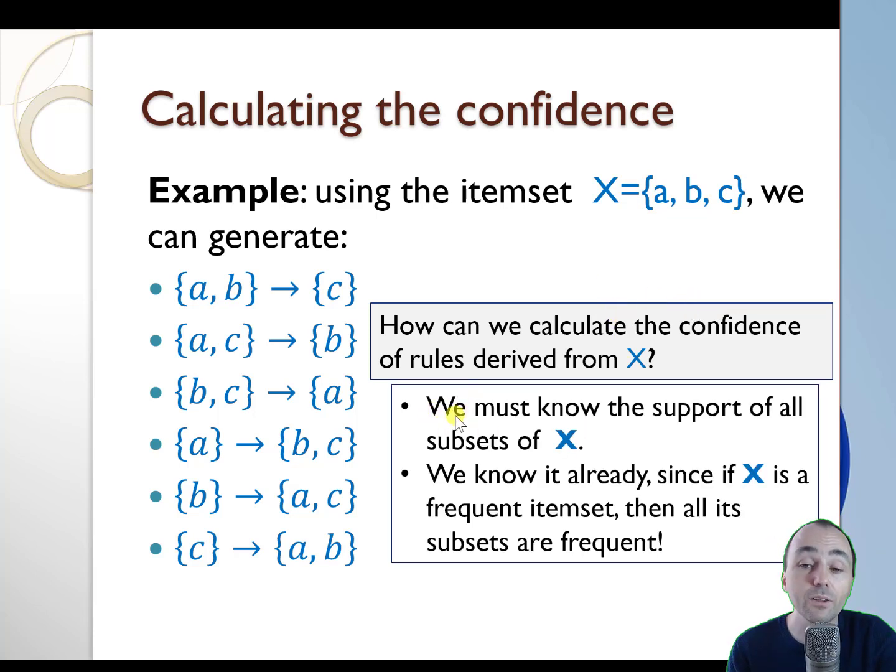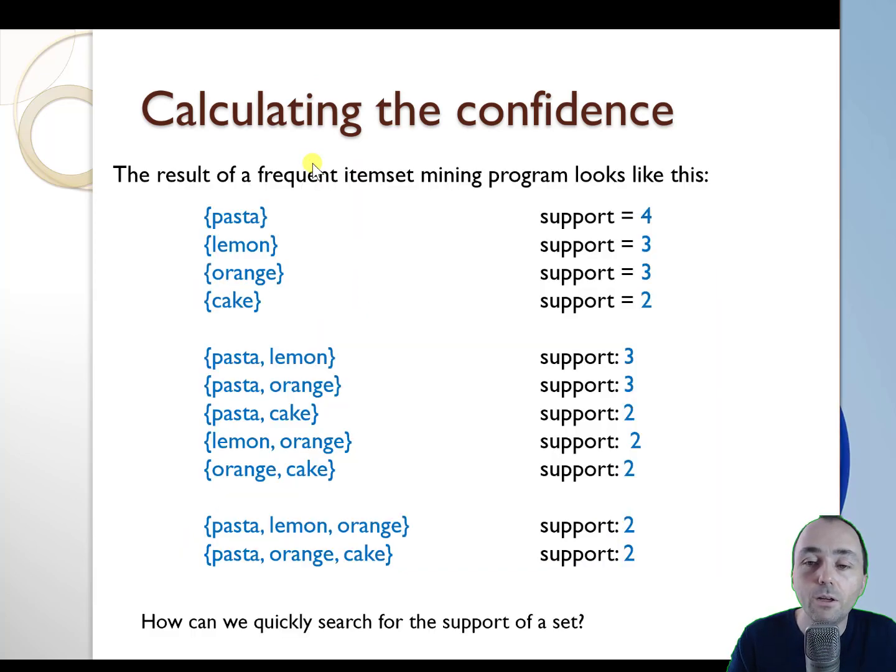So as I said, we know already the support of all these item sets, because all the subsets of ABC must be frequent. So, for example, let's say I have an item set like pasta, orange, and cake. It is frequent, let's say, for the support of 2.